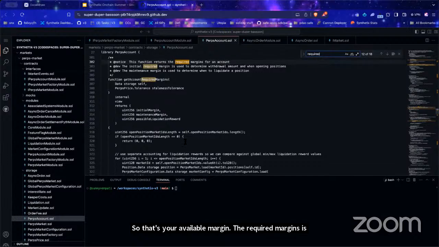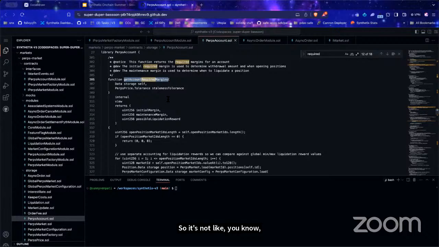The consequence of your trading margin being under the required margin for all your open positions is that you're essentially eligible for liquidation. The second that happens, we also have liquidation keepers that will come in and liquidate your position. It's not a manual process where someone has to keep checking this at all times.